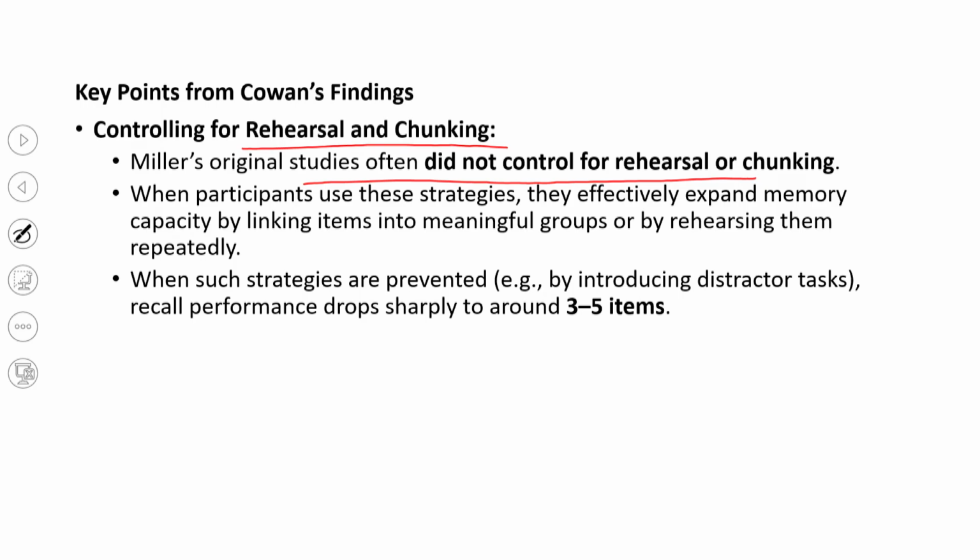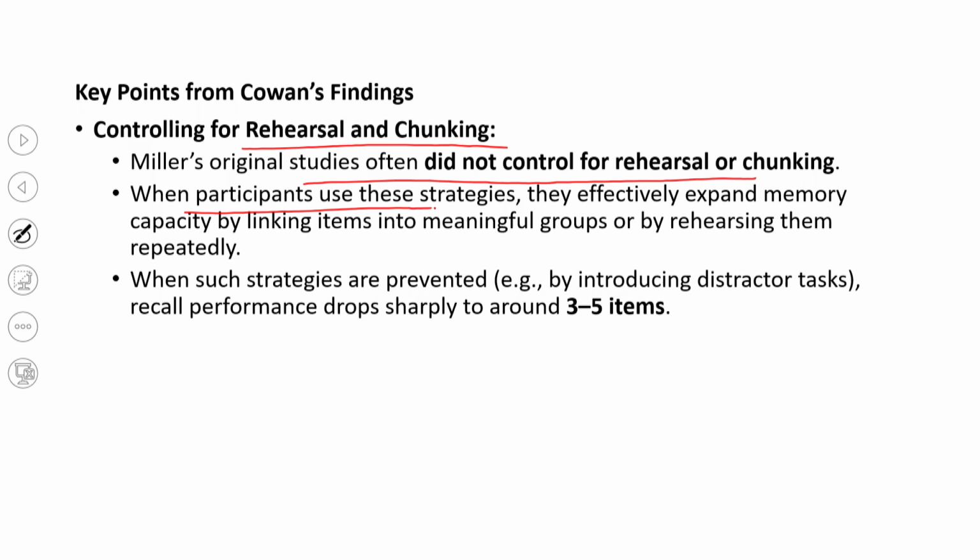In the original experiment by Miller, which found that the capacity of short term memory is 7 plus minus 2, he did not control whether the participants were chunking, so that the capacity was increasing, or whether they were rehearsing to keep items for a longer time. That was not controlled. So, Cowan tried to control that.